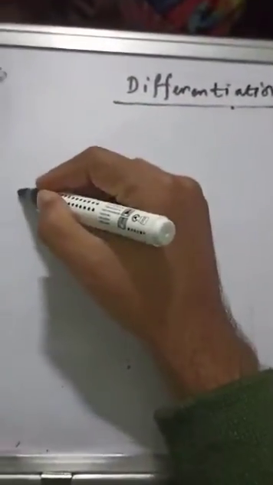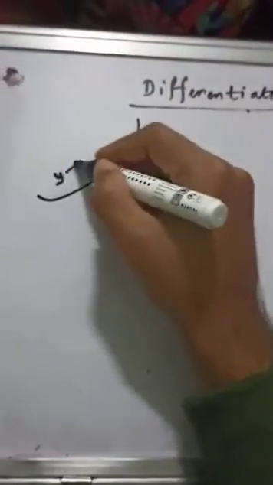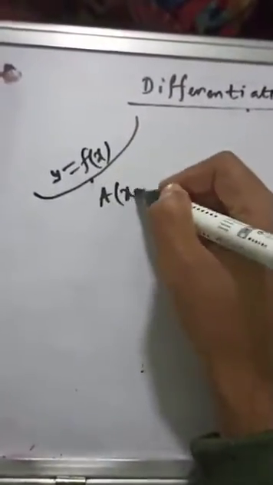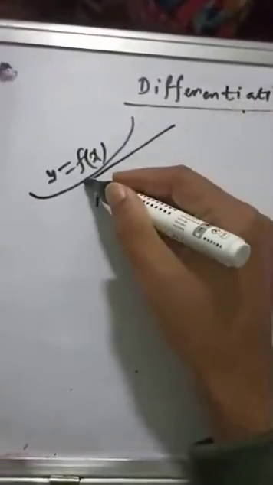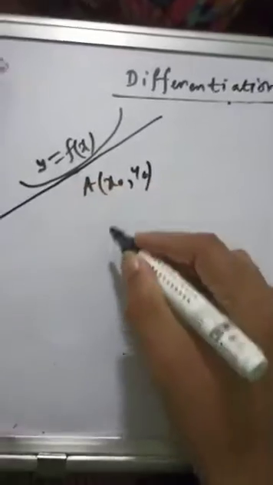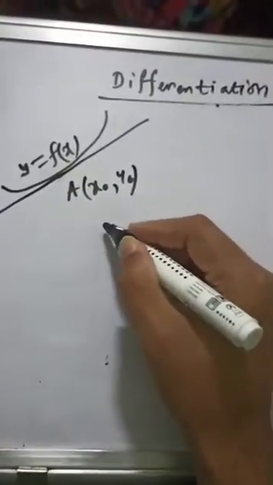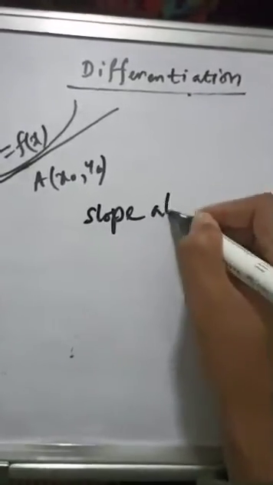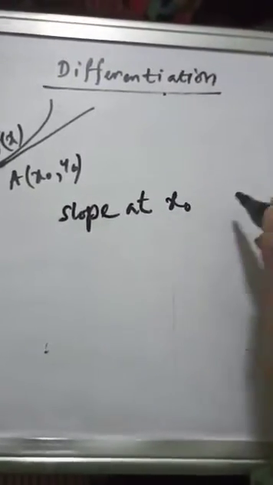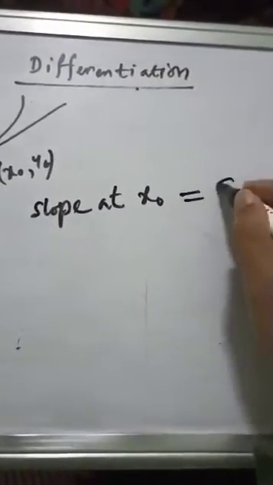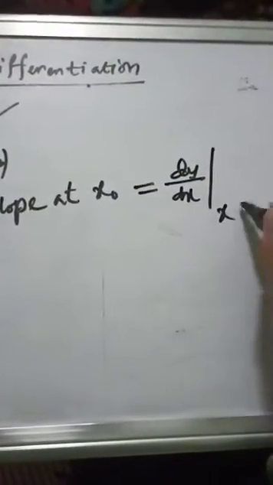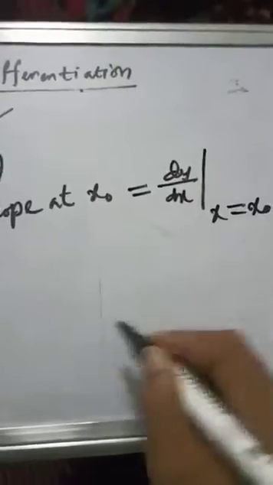Suppose you have a curve, write this like y equal to f(x). Suppose there is a point A, (x0, y0). Then the slope is nothing but a tangent. Slope at x0 is nothing but dy by dx at x equal to x0.